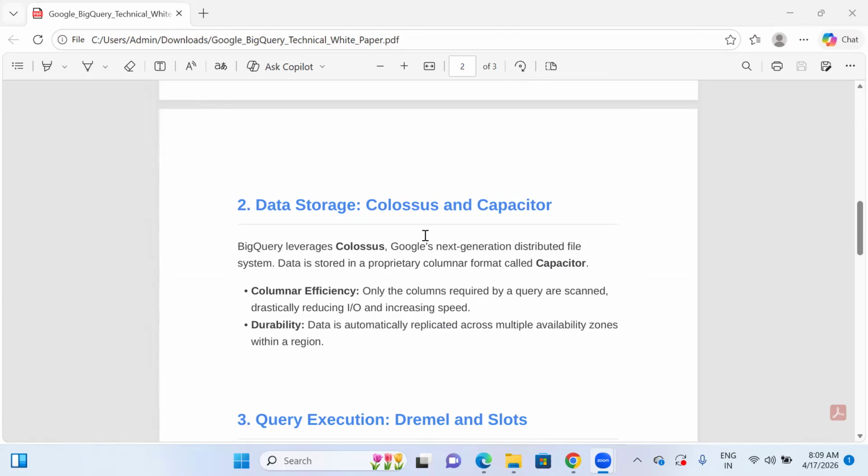Columnar efficiency means only the columns required for a query are scanned, drastically reducing input and output streaming and increasing speed. Durability is where data automatically replicates across multiple availability zones within the specific region. So these are all part of data storage.